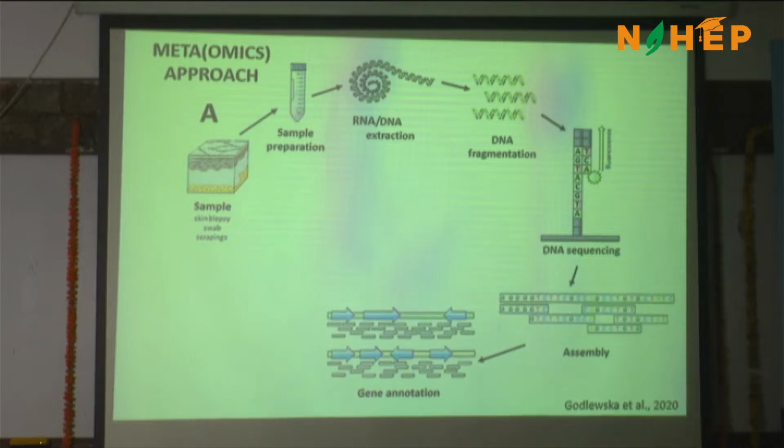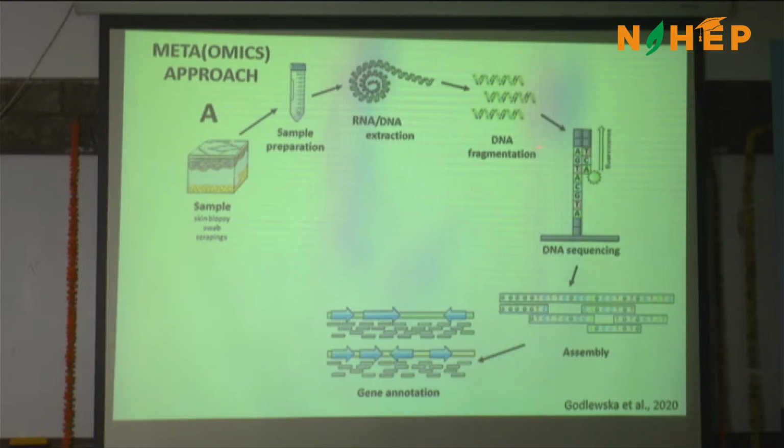This is the general overview of what we do when we do metagenomics. Here I took this example from, I think, a skin microbiome. What we do is sample preparation, whatever method you use. Then you do your DNA, but you can also do RNA extraction, and then you will see the expression of those genes in that particular environment.